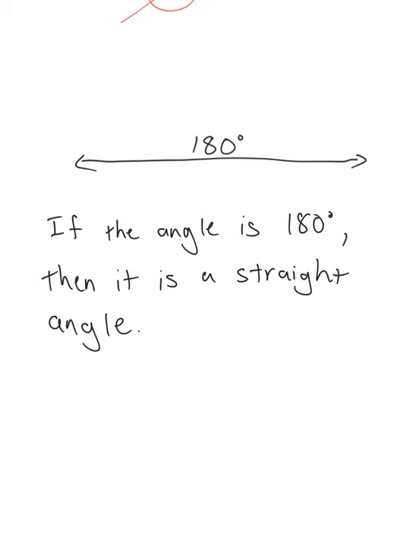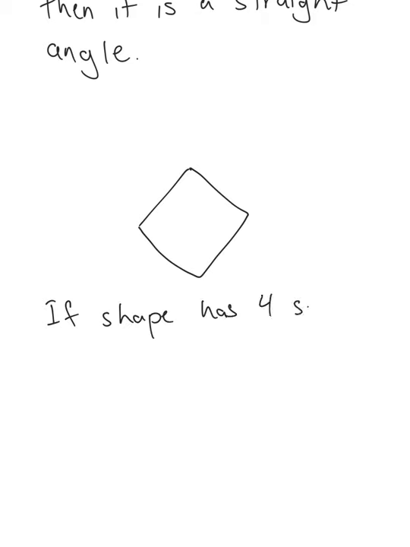Right? Some other logic here, let's talk about shapes. What if we talk about quadrilaterals? We know quadrilaterals are any shape with four sides. So we could say, if a shape has four sides, then it is a quadrilateral.